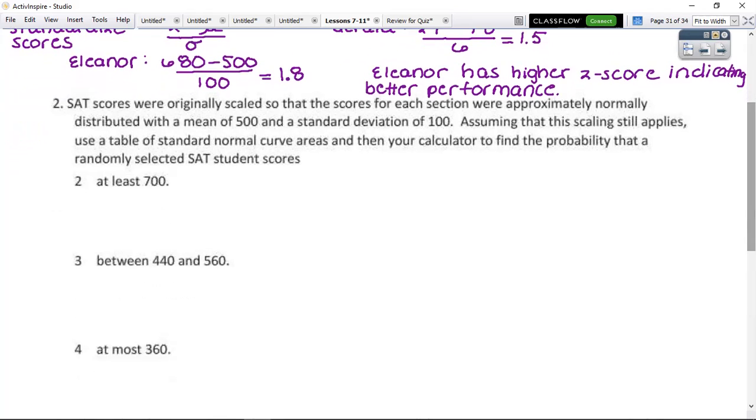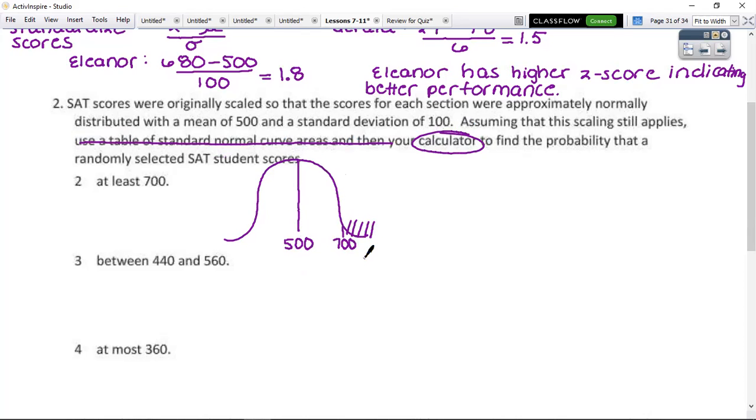SAT scores are originally scaled so that the scores for each section are approximately normal. Mean of 500, standard deviation of 100. So use your calculator. You may cross this part off. Calculator is sufficient. So I'm going to do a normal CDF. These I'm going to kind of fly through a little bit quicker because we just did some. So my mean in this case is equal to 500. And I want to score at least a 700, which means 700 or better.